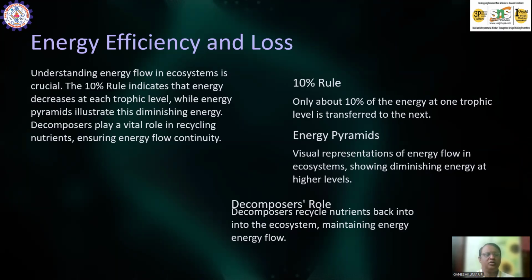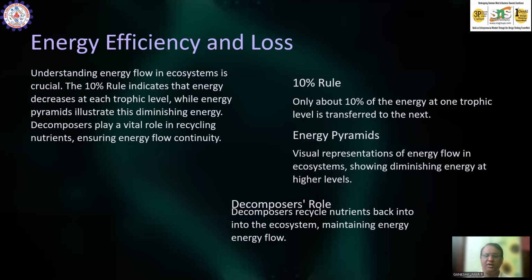So the 10% rule indicates that the energy decreases at each trophic level, while the energy pyramid illustrates this diminishing energy, at least 10% at every stage. Decomposers play a vital role in recycling the nutrients and ensuring energy flow continuity.